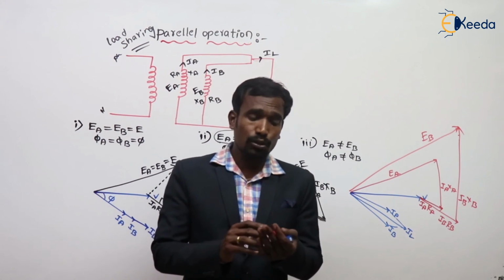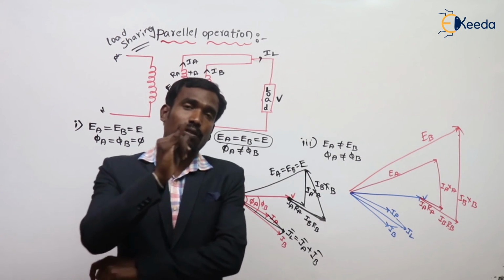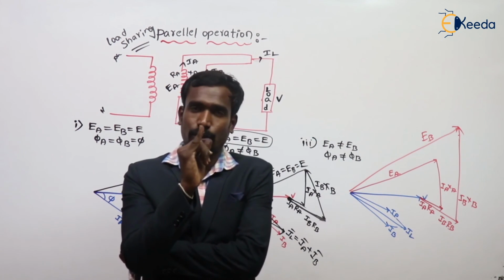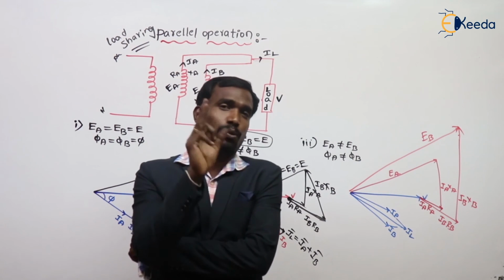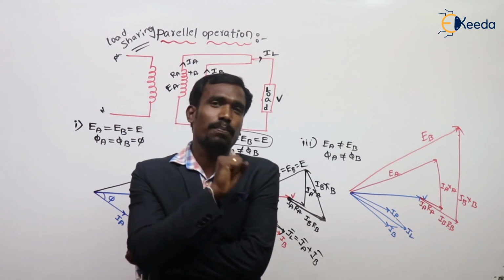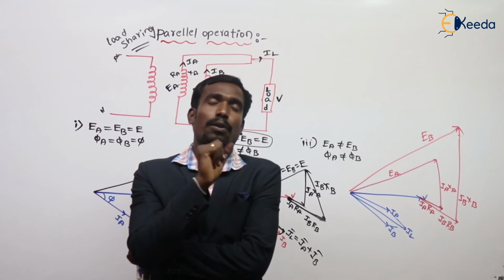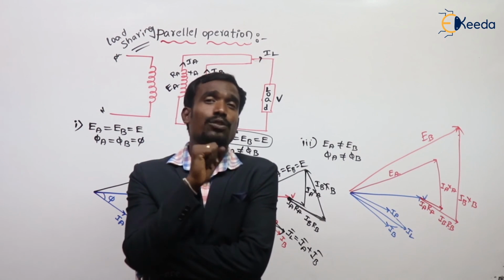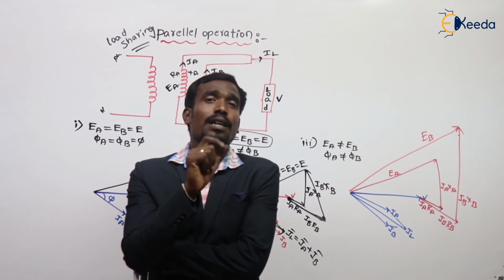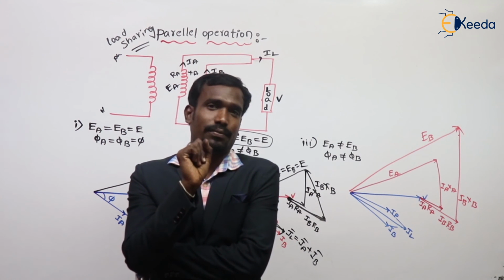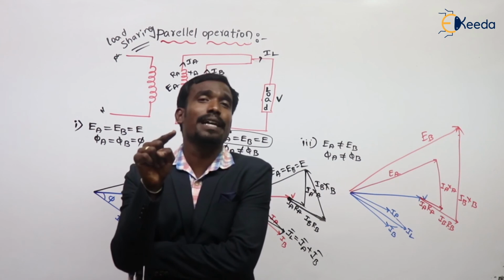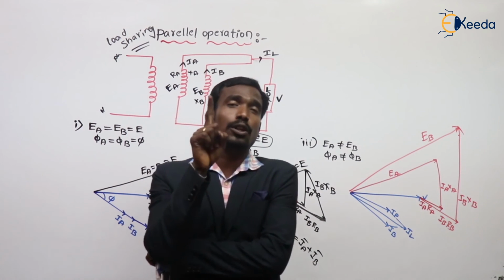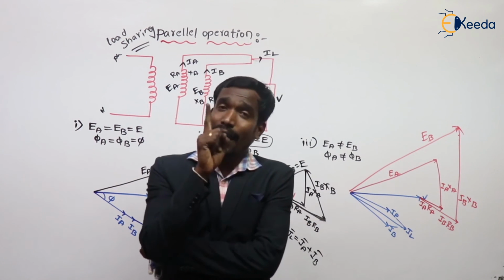So you have to remember the conditions. First one, polarity, otherwise dead short circuits. Next one, terminal voltage and voltage ratio, otherwise circulating currents. Next one, X by R ratio, otherwise different power factors. And last one, kVA. What is that? kVA inversely proportional to impedance, or directly proportional to per unit impedance.